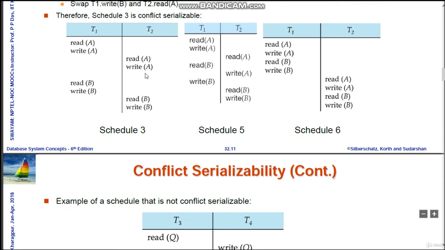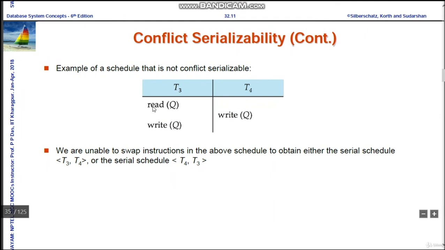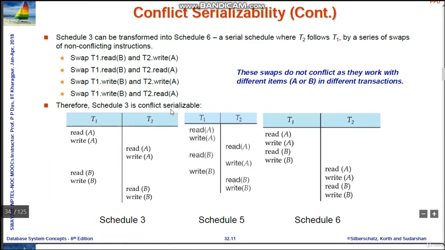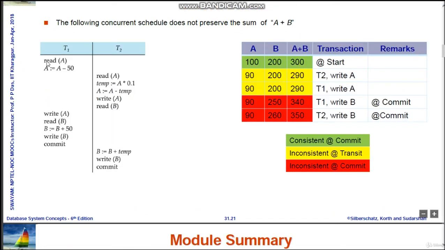Okay, so if you see here is read and here is read, there is no conflict at all, because by reading there is no conflict. You can see there is an example. Yeah guys, you can see here is read A, it is from the database.